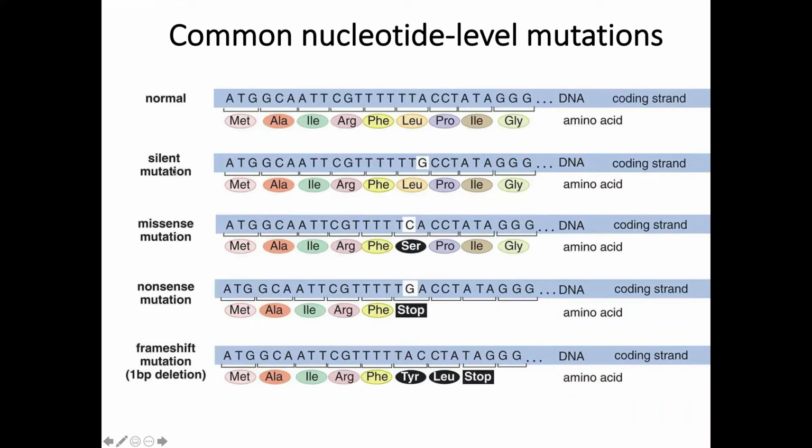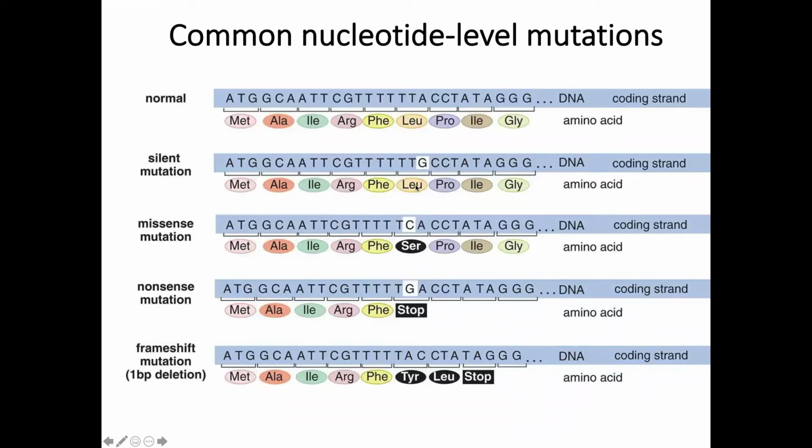So in a silent mutation, the change of 1 DNA base pair does not have any effect on the sequence of the amino acids in the protein. You can see that the normal sequence and the silent mutated sequence on the amino acid level are essentially the same. So both are leucine here, okay?